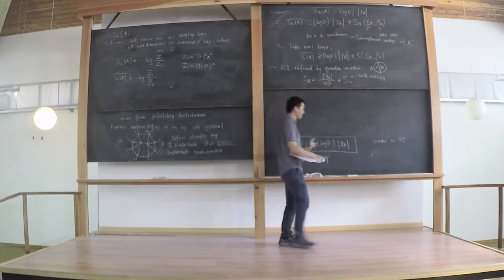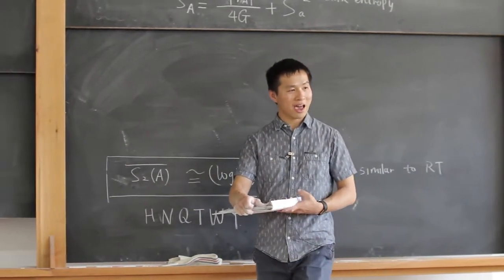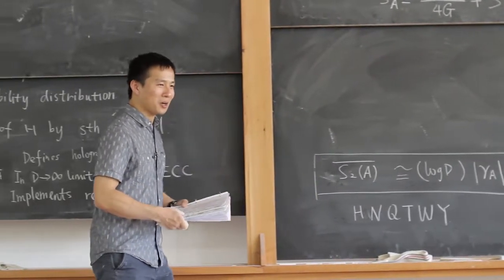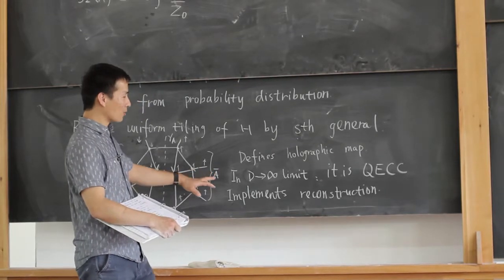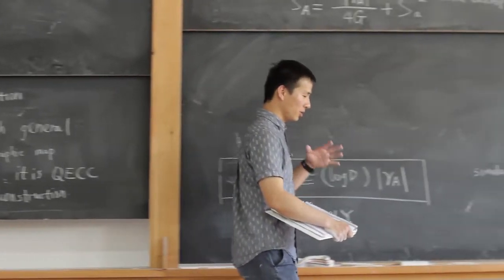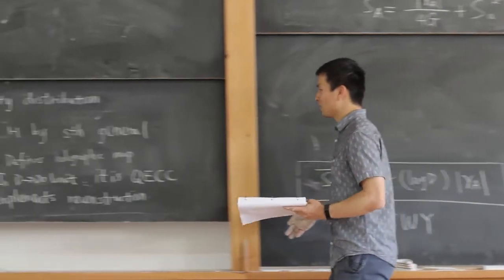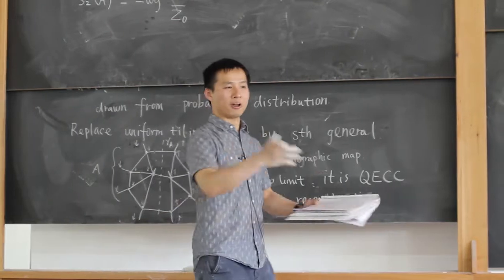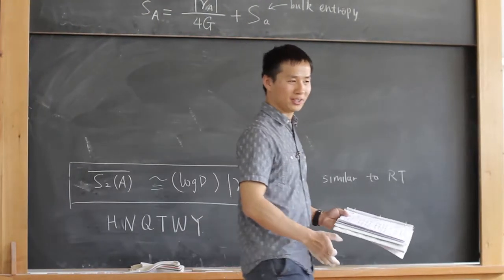Actually, there are many ways to understand what condition is being violated. One of the simplest things I can say is that one of the conditions we have come to understand that allows us to reconstruct operators in the so-called entanglement wedge comes from the satisfaction of the Ryu-Takayanagi formula refined by quantum corrections.